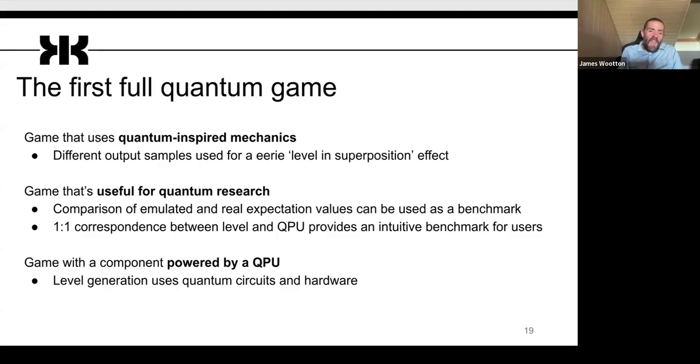But I thought another aspect of that, and one that I work on in another project called Quantum Awesomeness, which I'll talk about in a moment, is that it also gives the player a way of experiencing a QPU. If we made levels on every QPU, it allows the public to get a sense of how one QPU differs from another.